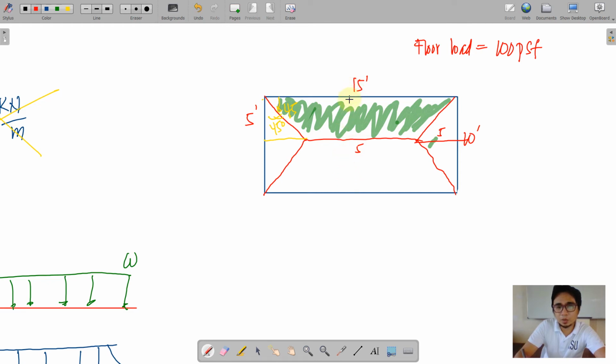You might do it that you might get the area of this green portion here. 15 plus 5 all over 2 times 5. So this is the area of a trapezoid. We have 20 over 2, 10 times 5. We have 50 square foot. And you might get the W. For example, this is our beam.